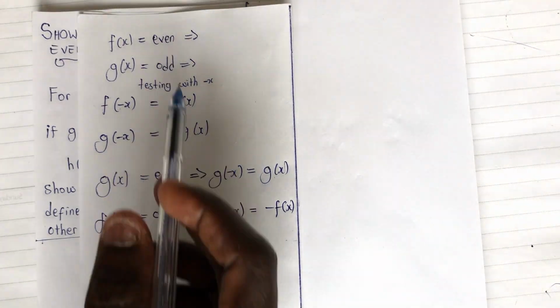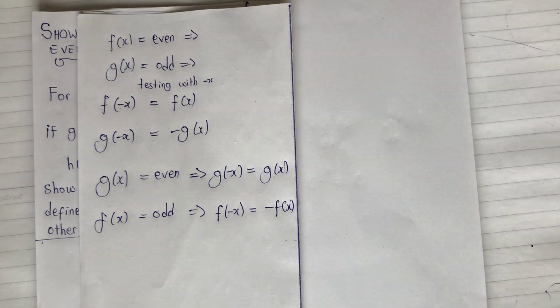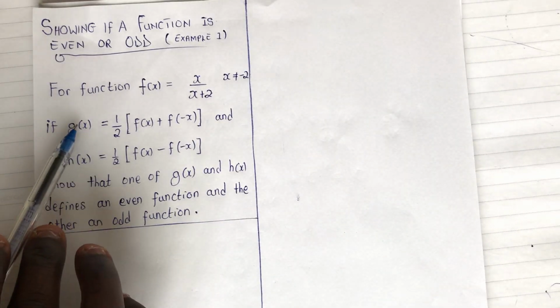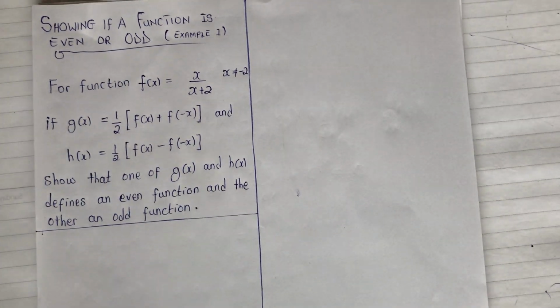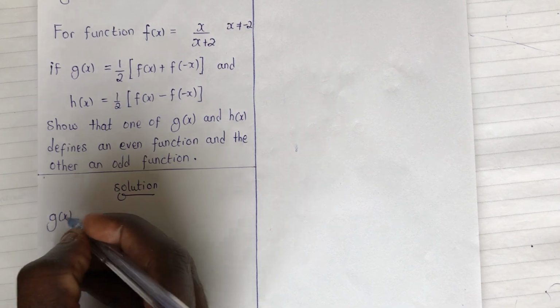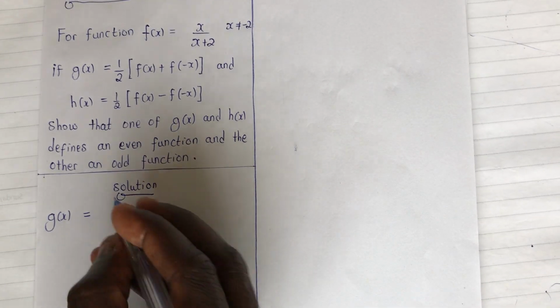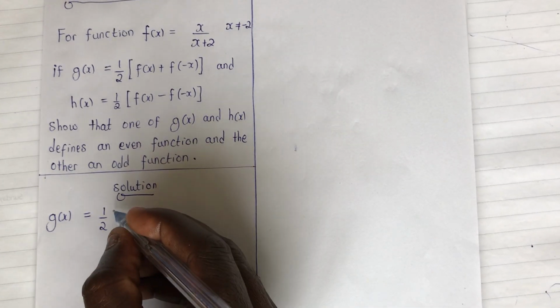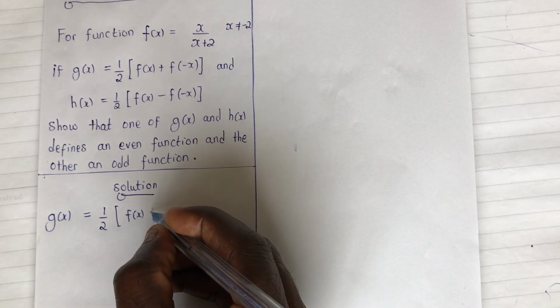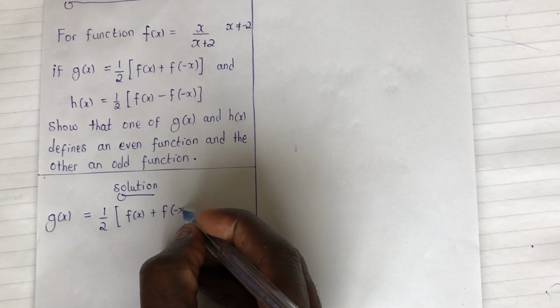So with this concept, I can now take the question I have for you today to find g of x. So let's first work with g of x. So we have g of x being equal to 1 over 2 into bracket f of x plus f of negative x.